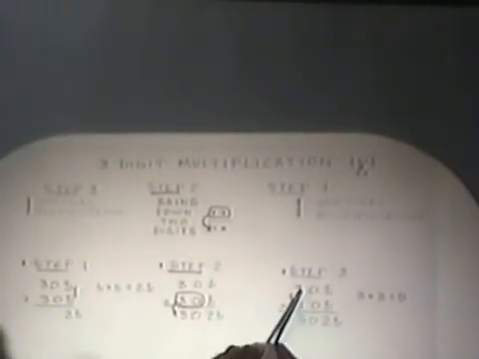First step is vertical. 5 times 5 is 25. The second step, we bring down the 2 digits, which is 30. The third step is vertical. 3 times 3 is 9. The answer to 305 times 305 is 93,025.